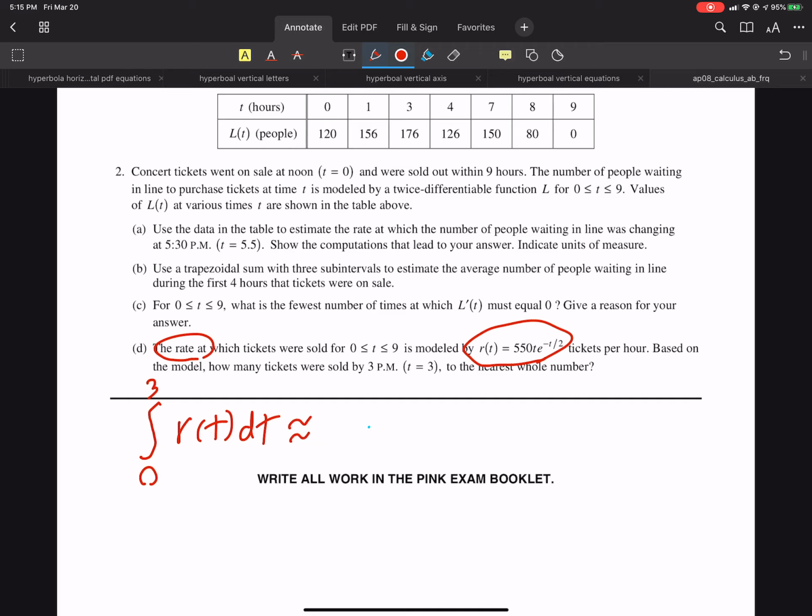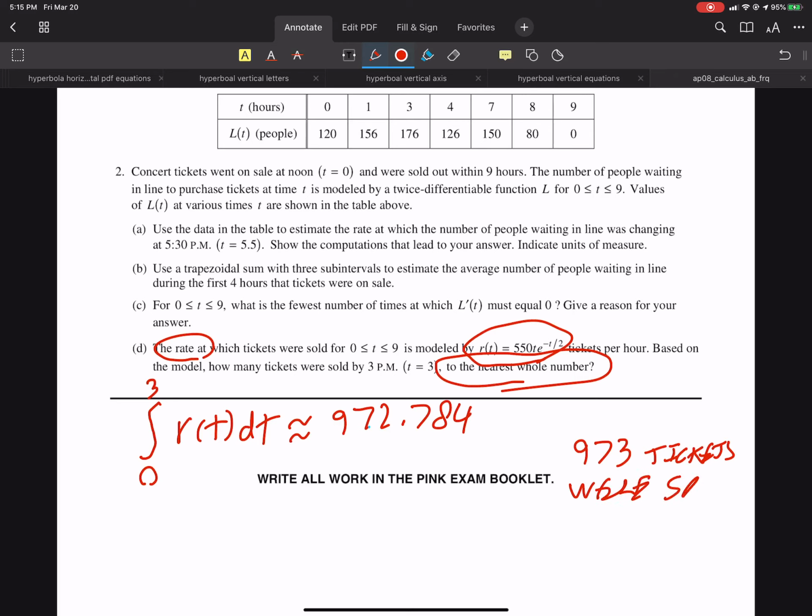Pop that in your fancy schmancy calculator. It comes out to 972.784. But let's read the question. It says to the nearest whole number, so the answer should be 973 tickets were sold between 12 and 3 o'clock.